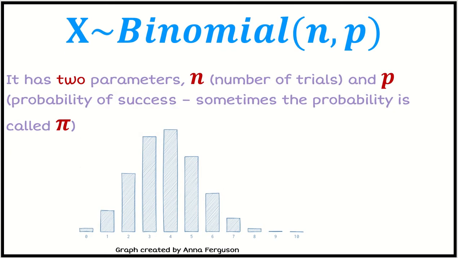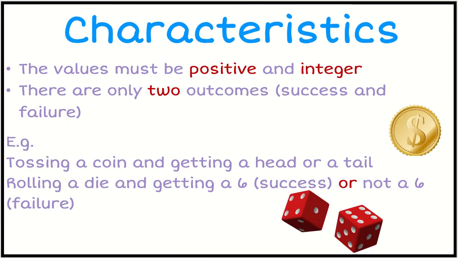So let's have a look at some more information about it. The distribution for binomial is discrete, so it has to be positive values and integer values. There are only two outcomes, success and failure. So for example, if I toss a coin, getting a head might be a success, getting a tail might be failure.